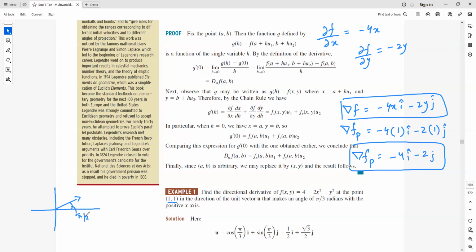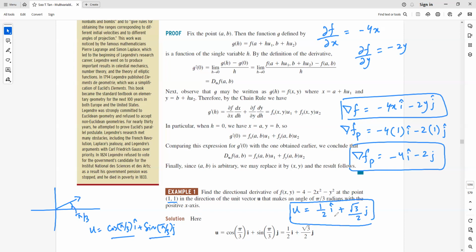So we know that the vector will be u equals cosine pi over 3 i plus sine pi over 3 j. Cosine is the x component and sine is the y component. In this manner, we get the direction vector 1 over 2 i plus root 3 over 2 j. So this is the direction vector.